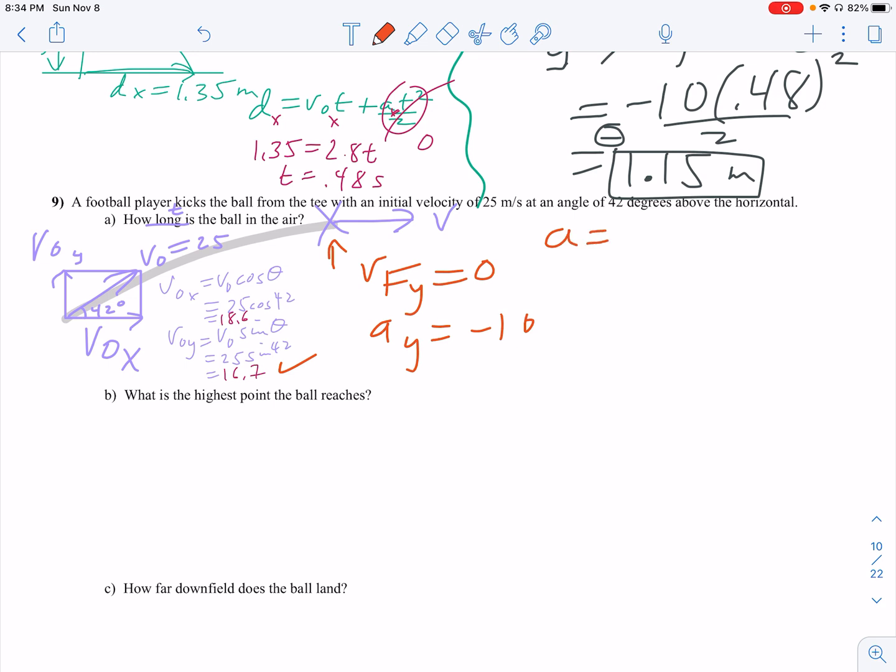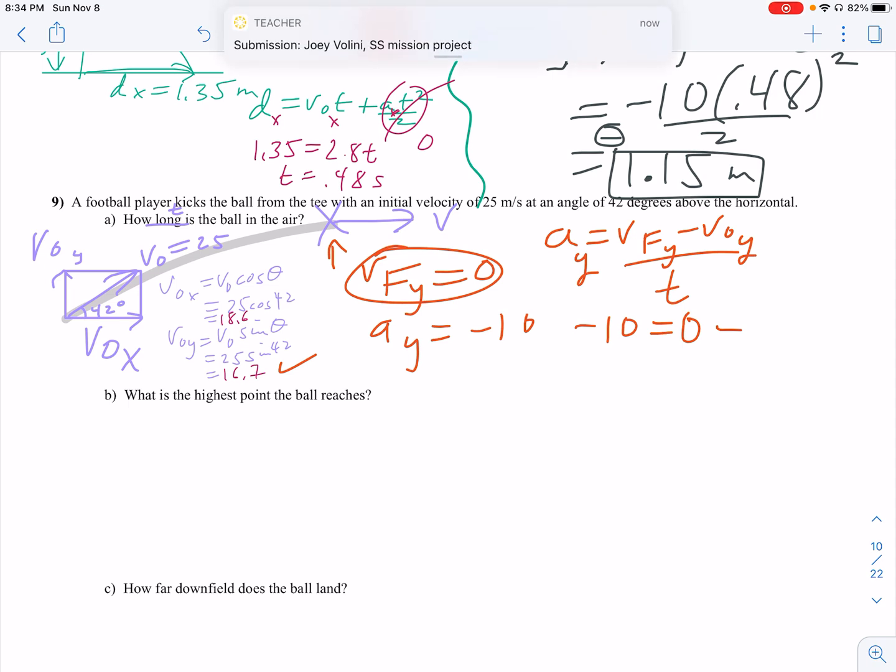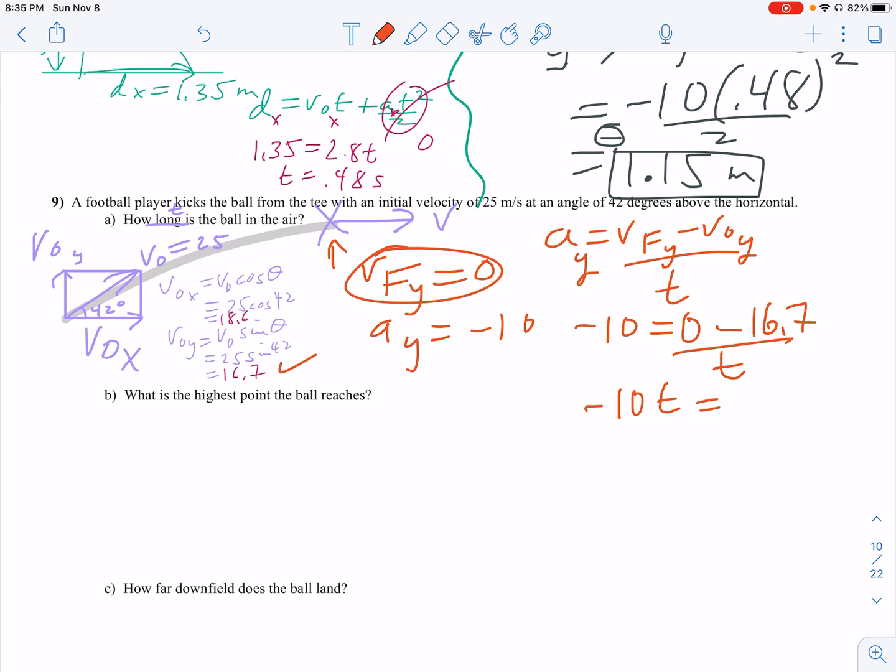So A equals VF minus VO over T. I'm going to use Y values. So negative 10 equals VFY at the top is 0 minus VOY, in this case 16.7, over T. So negative 10T equals negative 16.7.